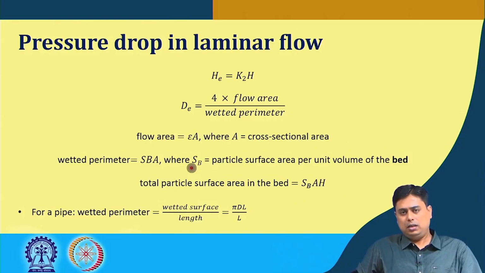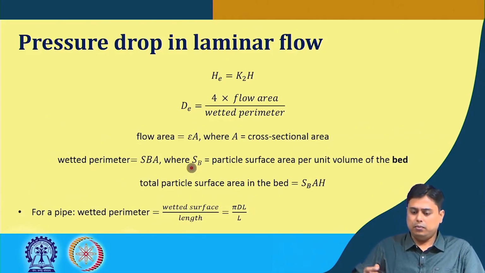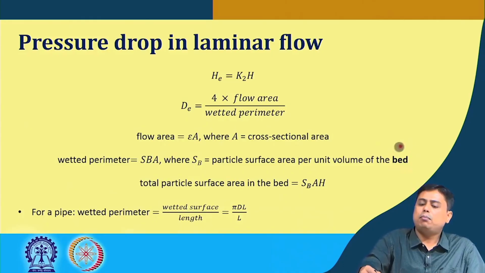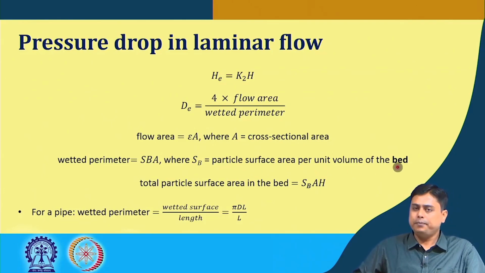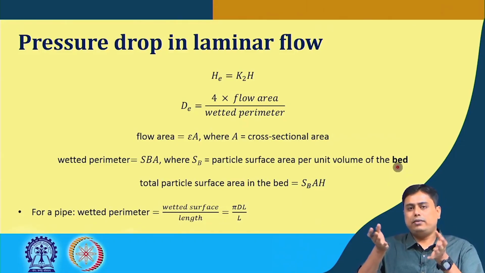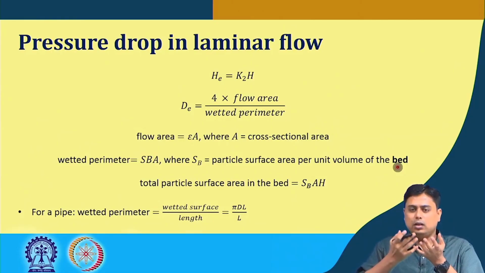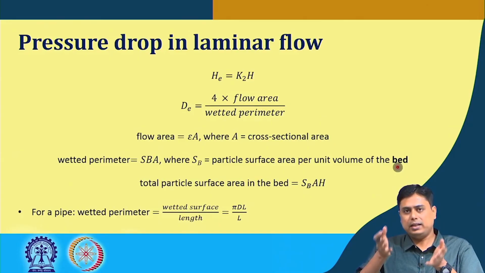Again, SB, if we define that as the particle surface area per unit volume of the bed, then the wetted perimeter would be this particle surface area per unit volume of the bed multiplied by the cross sectional area. That is what the water or fluid can wet, that much area of the particles.